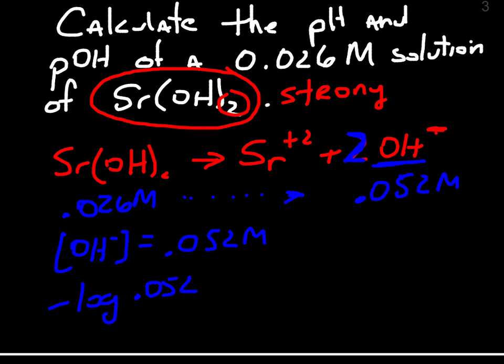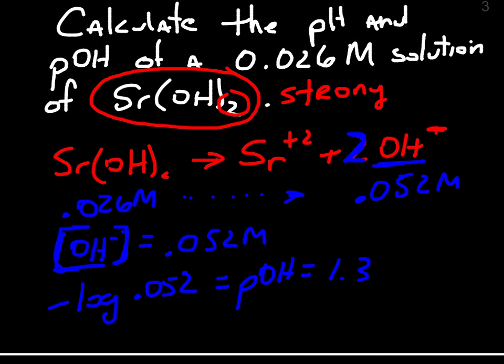Now if I take the negative log of that, I'm not going to get the pH. I'm going to get the POH directly, because that's the concentration of hydroxide that I'm talking about for a strong base. So, okay, take the negative log of 0.052. This then is equal to the POH, which is going to be equal to 1.3.